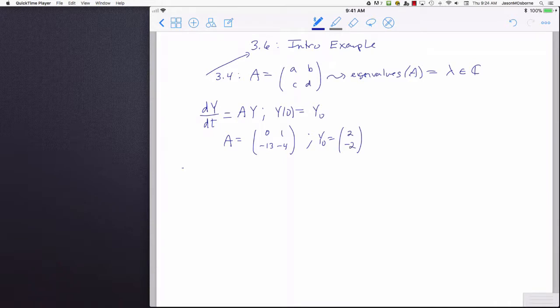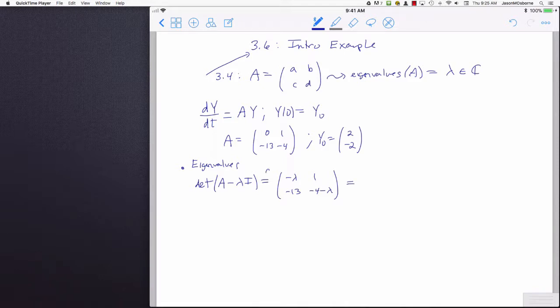The first thing you're going to do is find the eigenvalues. You look at the determinant of A minus lambda I, which is [-lambda, 1; -13, -4 minus lambda].